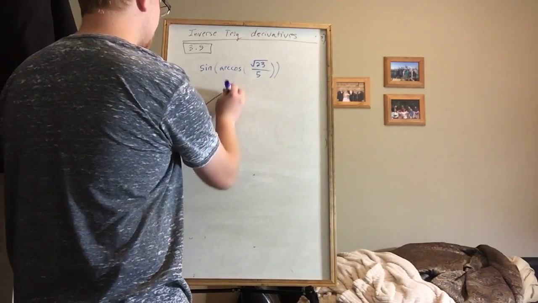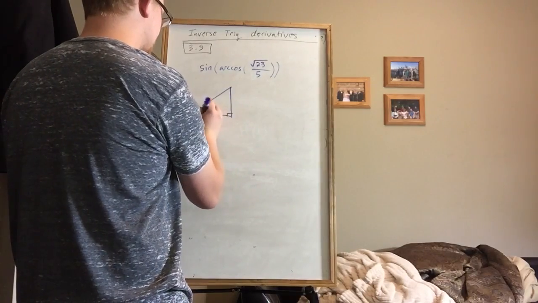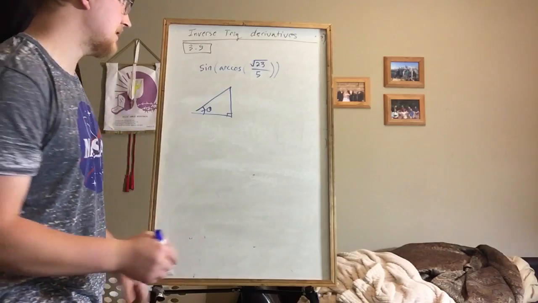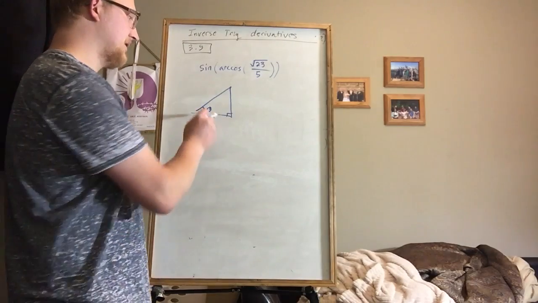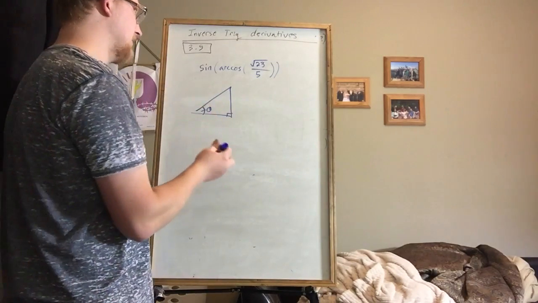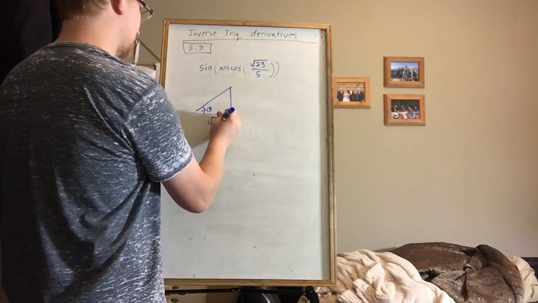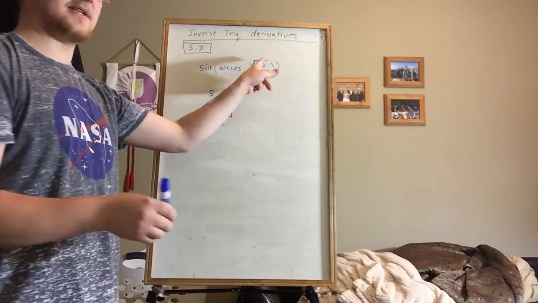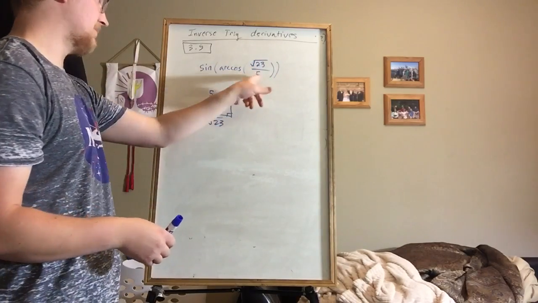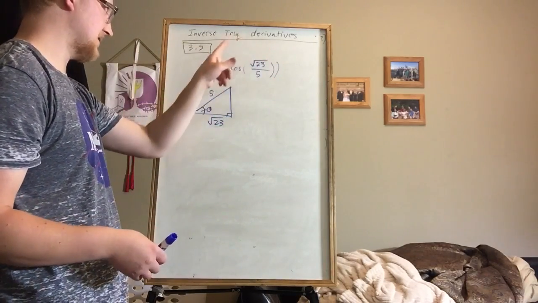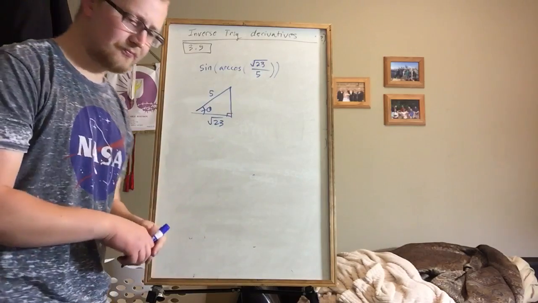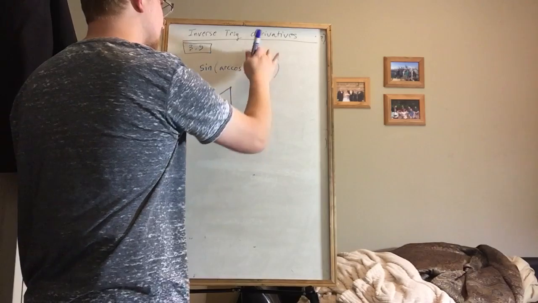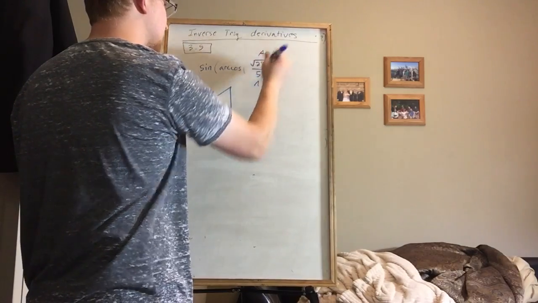If I draw a right triangle like this with angle theta, the cosine of theta is the adjacent over the hypotenuse. The adjacent is square root 23. The hypotenuse is 5.